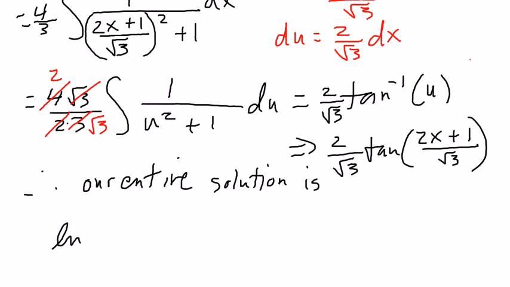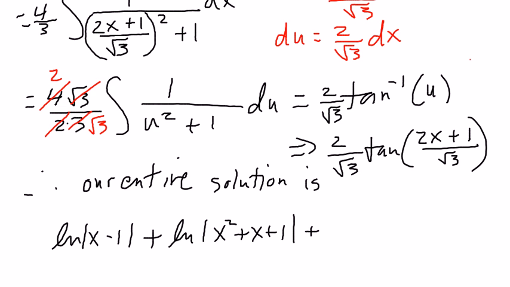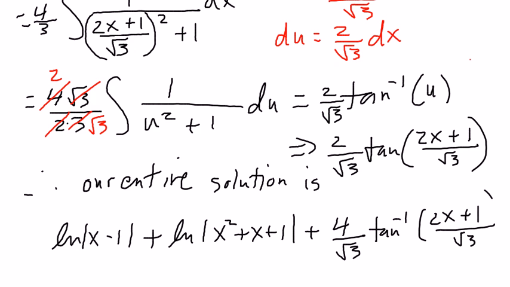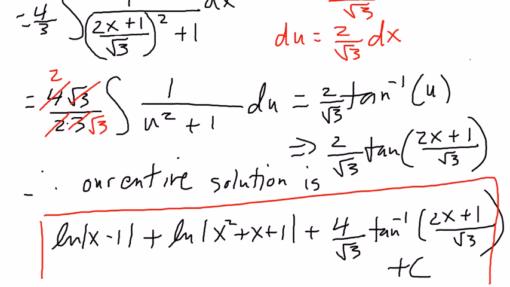The ln of the absolute value of x minus 1 plus ln of x squared plus x plus 1 plus, and then we had 2 already there, so now we'll have 4 over the square root of 3 tangent inverse of 2x plus 1 divided by the square root of 3 plus c. And that is, folks, our final answer.